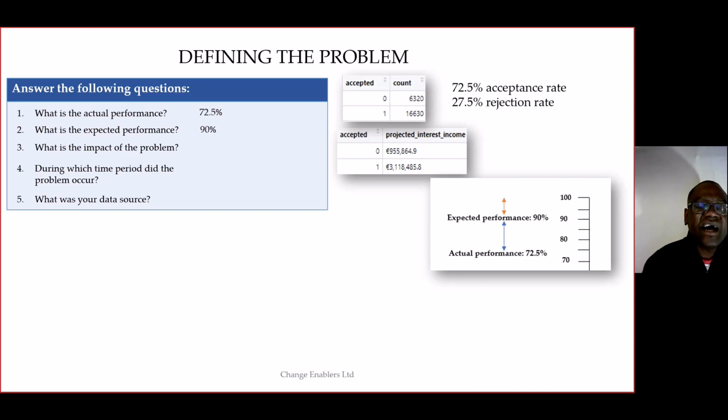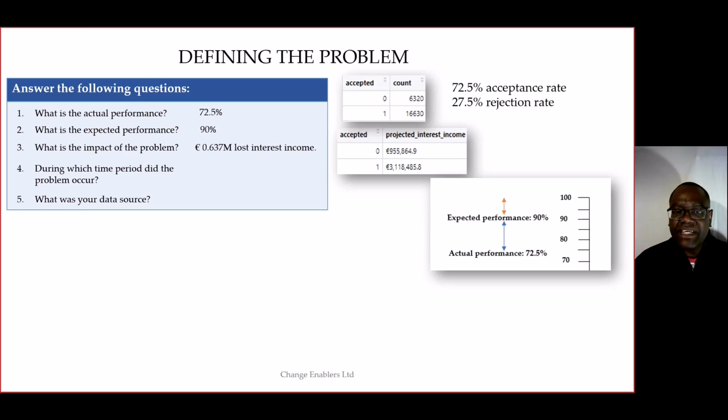Note that if the target is met, then the lost interest income is 2/3 of the interest income for declined offers. So by missing the target by that amount, the lost interest income is 637,000 euros. That's 2/3 of 955,000 euros.